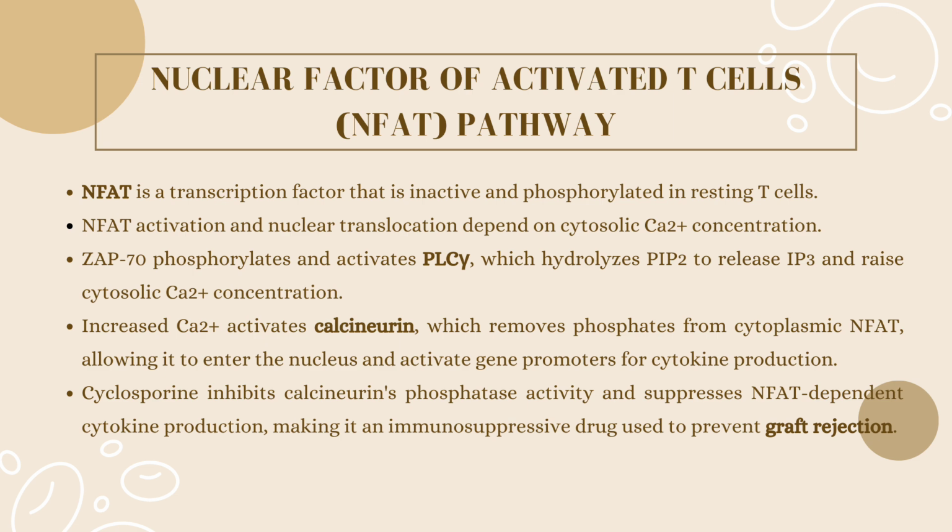NFAT activation requires an increase in cytosolic calcium ion concentration, which is achieved through the ZAP70 mediated phosphorylation and activation of phospholipase C gamma or PLC gamma. PLC gamma catalyzes the breakdown of PIP2, leading to the release of IP3, which triggers the release of calcium ions from intracellular stores.